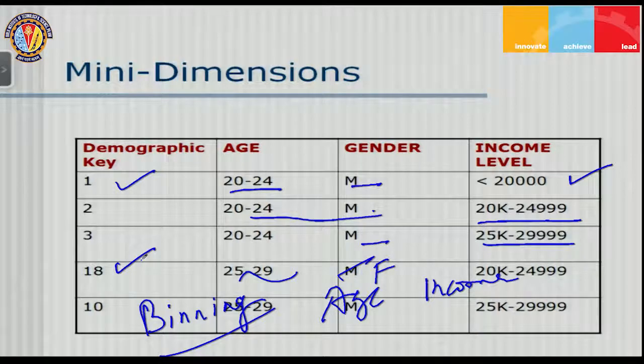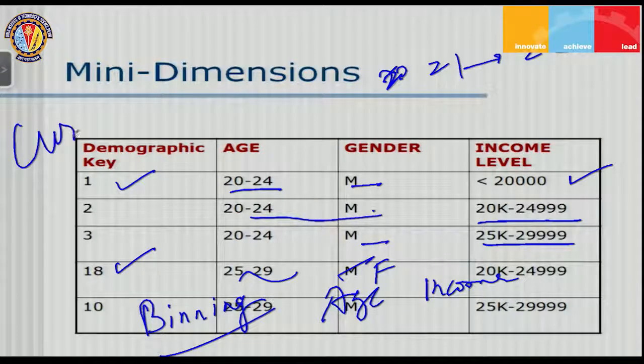Now if you look at age, say my age is 21. In 1 year's time this would become 22, and there will be lots of customers whose age would change, from say 21 to 22.